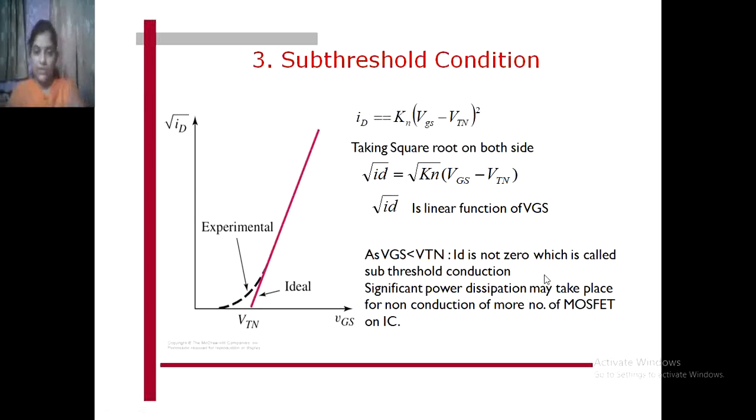Significant power dissipation may take place from non-conduction of a large number of MOSFETs on an IC.